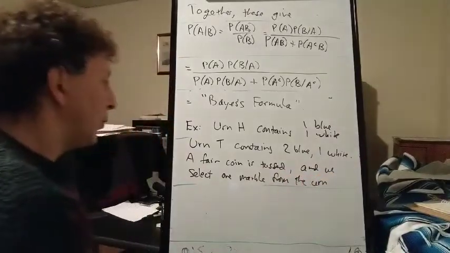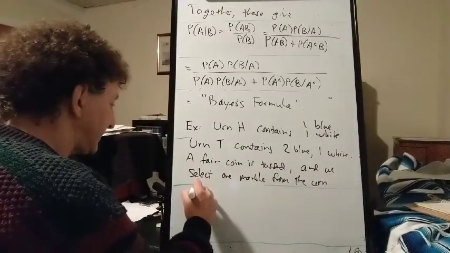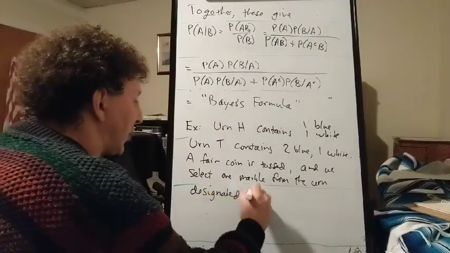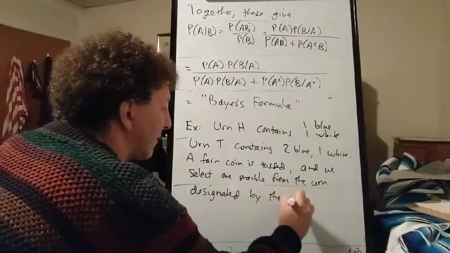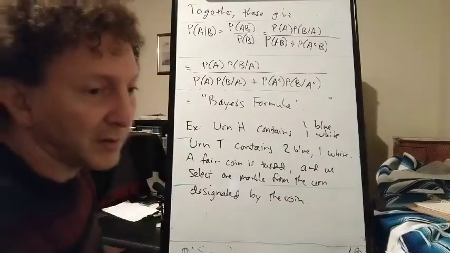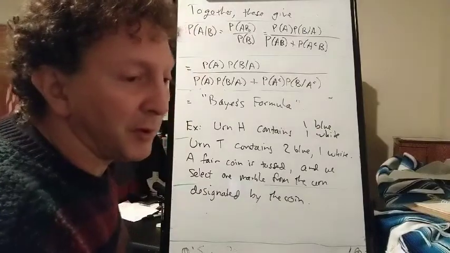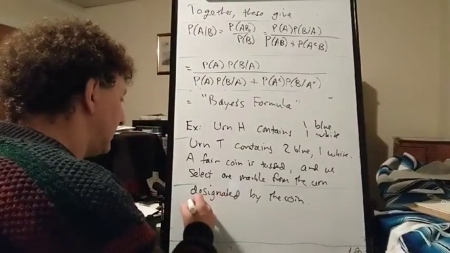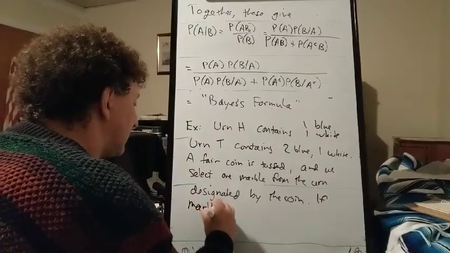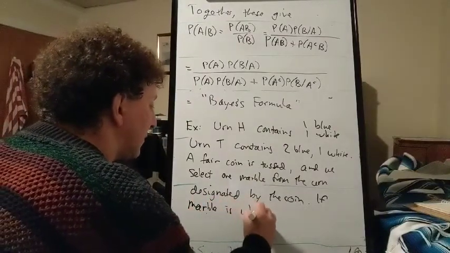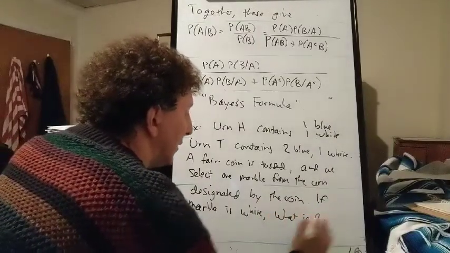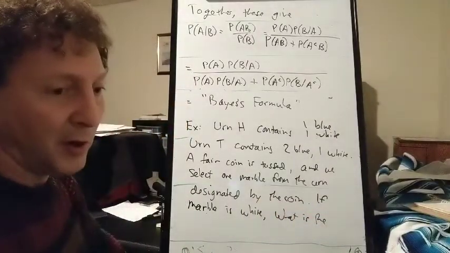So we picked one marble from the urn designated by the coin. The question is, if the marble is white, what's the probability it came from urn H?